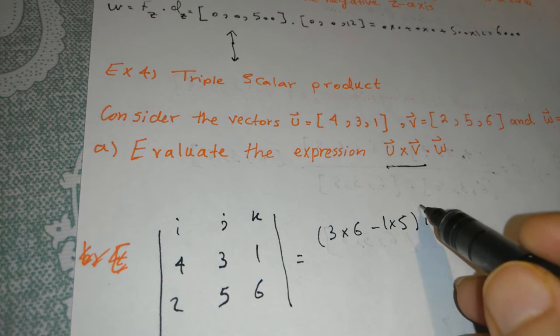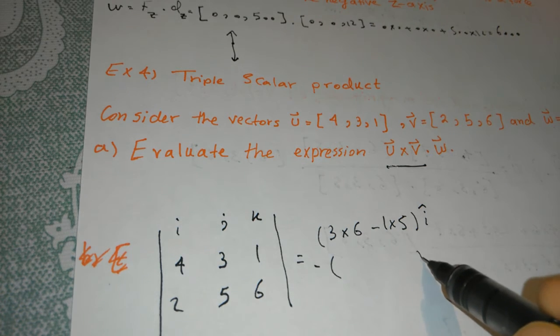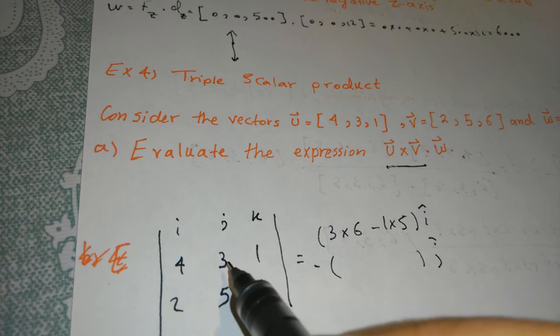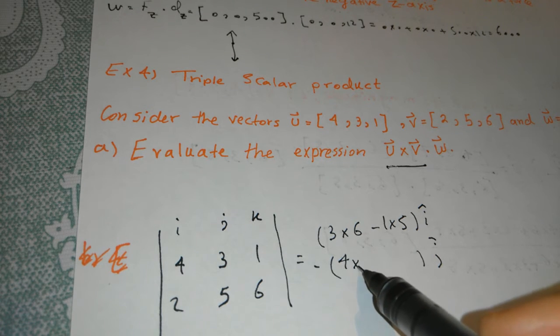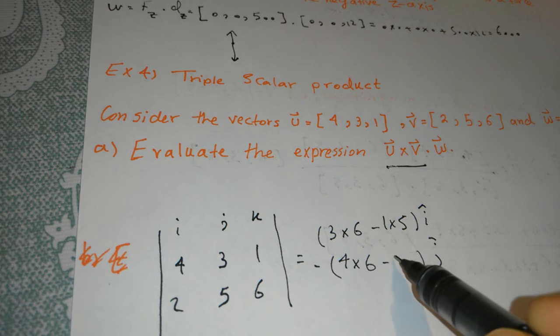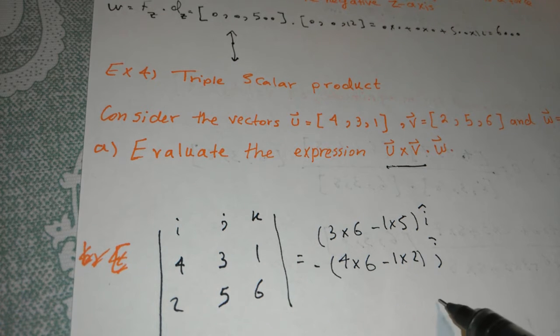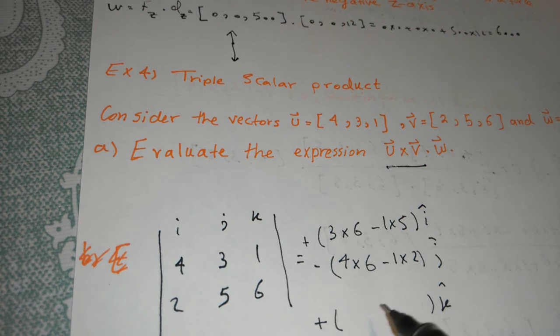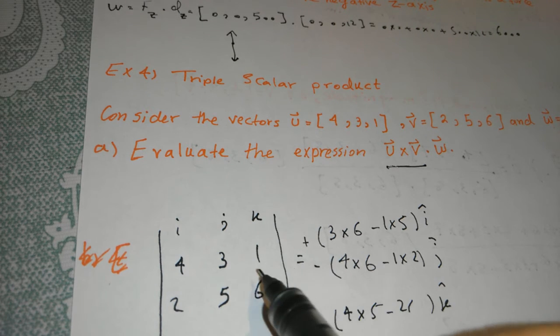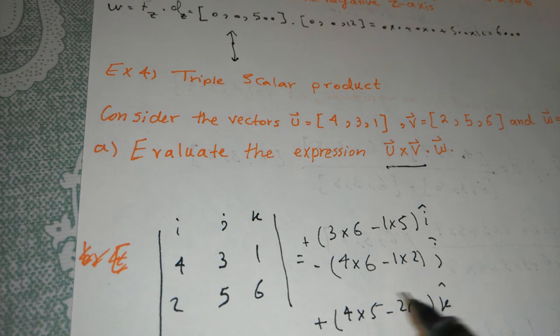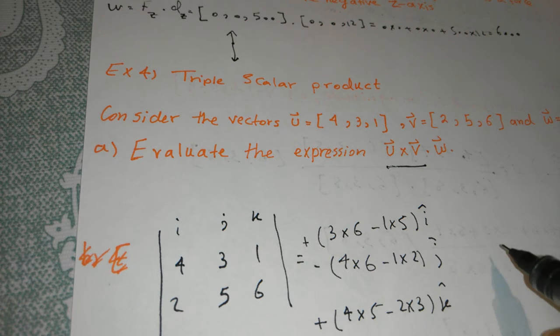For the J component, it's going to be 4 multiplied by 6 minus 1 multiplied by 2. For the K hat component, it is 4 multiplied by 5 minus 2 multiplied by 3.